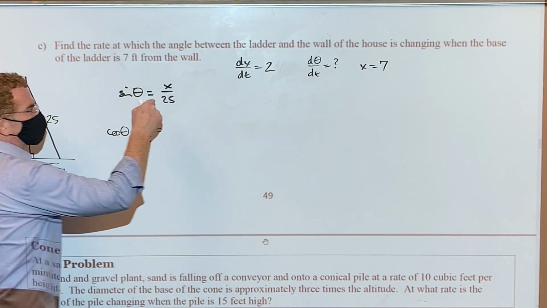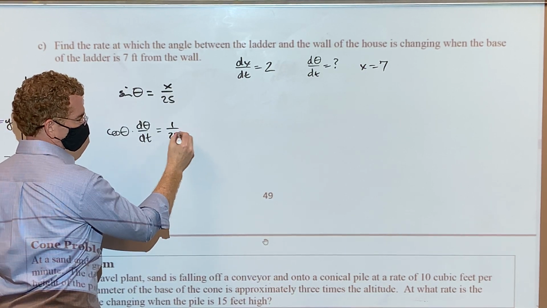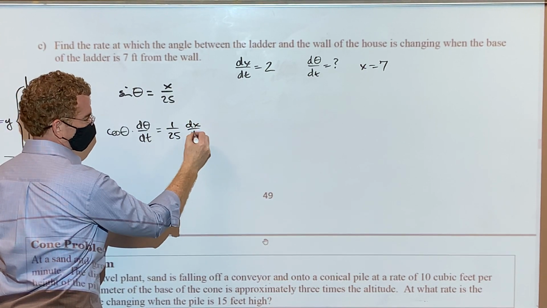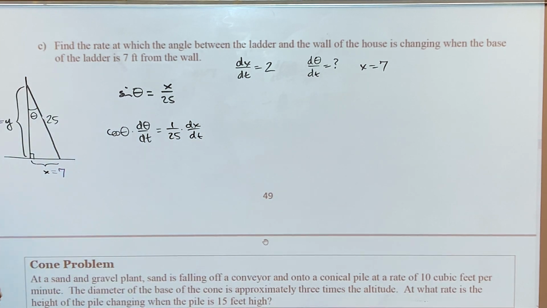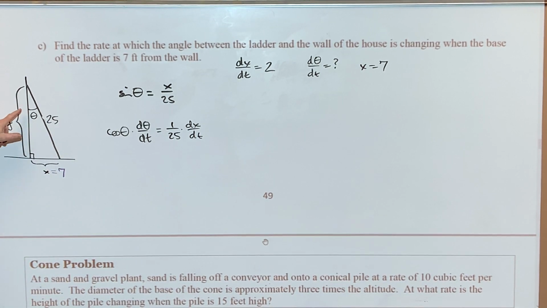Now, what's the derivative of 1/25th x? 1/25 times dx dt. So, for me now, to solve this, I would have to have a calculator and say, what is the cosine of this angle? And we know that the cosine of that angle, even though I don't know the angle, is what? When x is 7 is what?